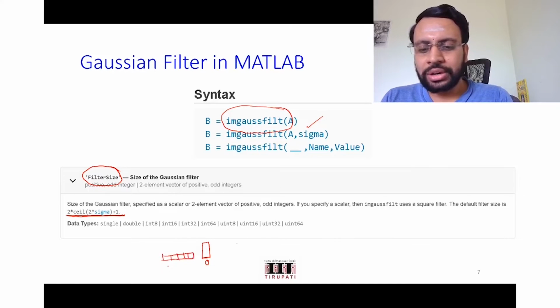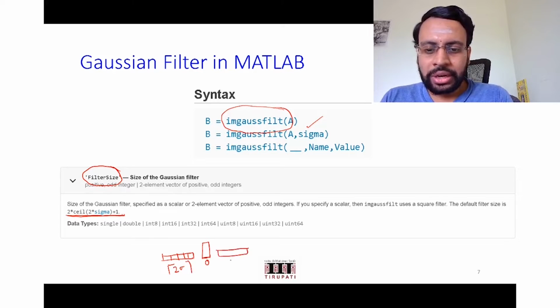I'm just showing it in 1D for illustration, but you know that. You take 2 times sigma on this side, and similarly here you take 2 times sigma, and then 1 for the middle one. So essentially it takes 2 times the ceiling of 2 times sigma, plus 1.